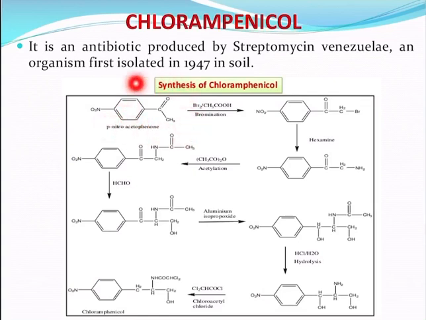Para-nitroacetophenone, so this is what is called para-nitroacetophenone. This on bromination gives the corresponding bromo derivative. So this is the bromo derivative, which on treatment with hexamine followed by acidic ethanol gives alpha-amino-para-nitroacetophenone hydrochloride.